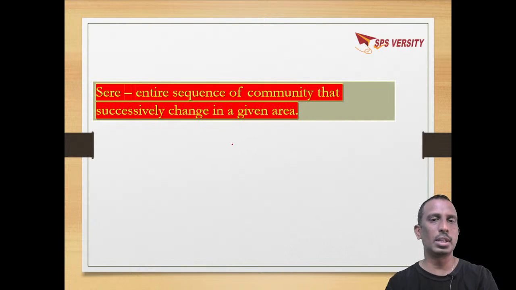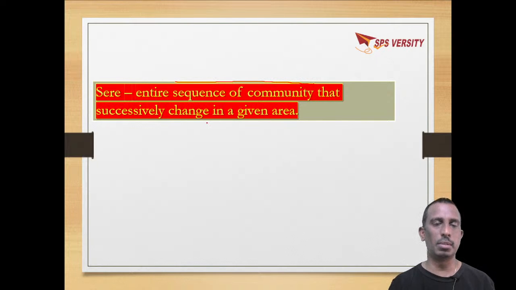And in this ecological succession, the sequence of communities which come in a particular area is called sere. So the sere is the entire sequence of communities that successively change in a given area.